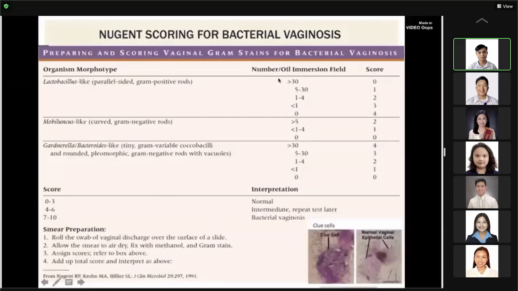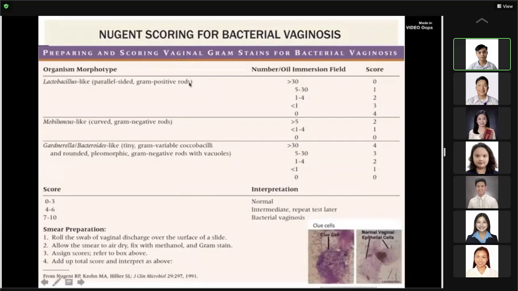This table shows you the scoring system for bacterial vaginosis for cervicovaginal discharge specimen. For us to say if the patient has bacterial vaginosis, the normal flora in the genital tract is lactobacilli.